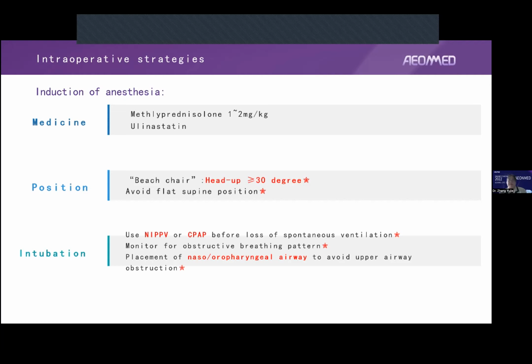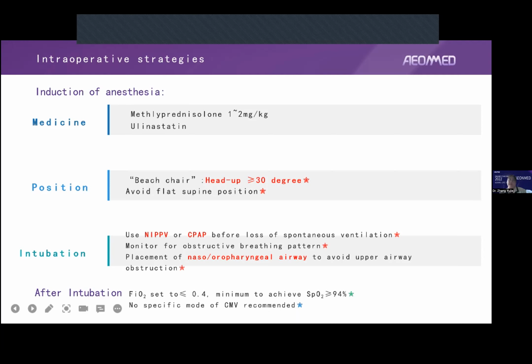And if the clinical situation allows, we need to try to avoid the flat supine position. And for intubation, they also suggested using non-invasive positive pressure ventilation or continuous positive airway pressure before the loss of spontaneous respiration. And then we need to observe the breathing pattern to identify upper airway obstruction.